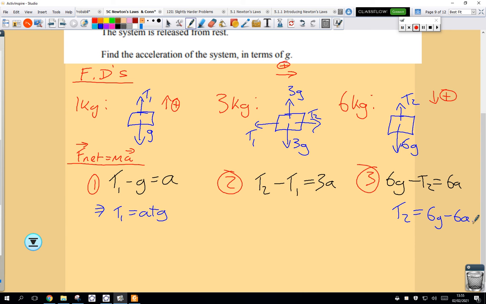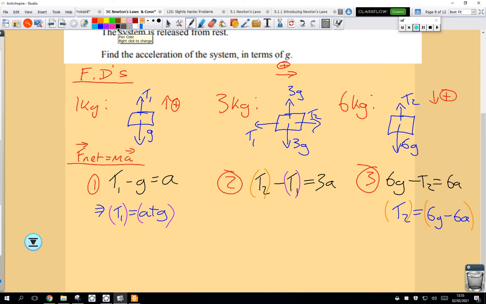And what I would do then is use these substitutions: plug this value for T1 in here, and plug this value for T2 in here. Then I've got one equation that involves just a as the only variable.